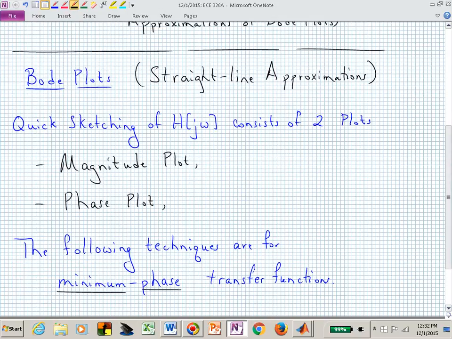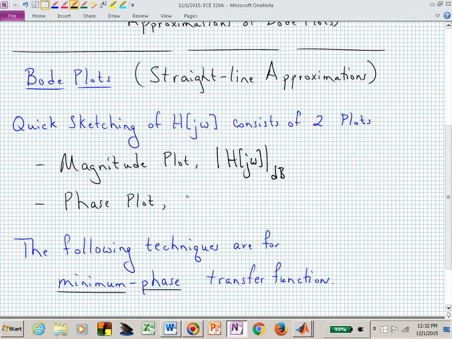What we are doing with Bode plots is we're really creating 2 sketches, a magnitude plot, and this magnitude plot is of H(jω), its magnitude, in dB, or it's 20 log the magnitude of that transfer function, H(jω).